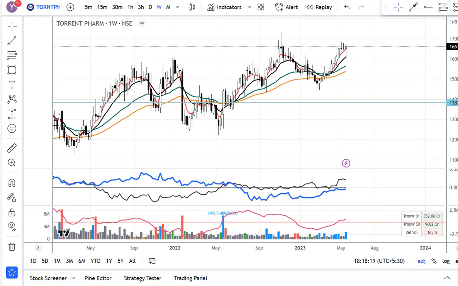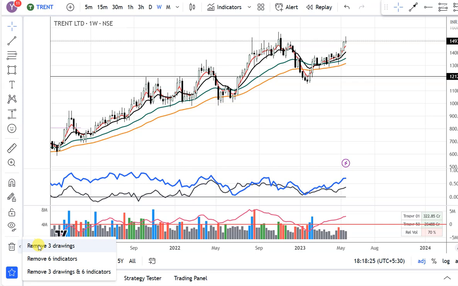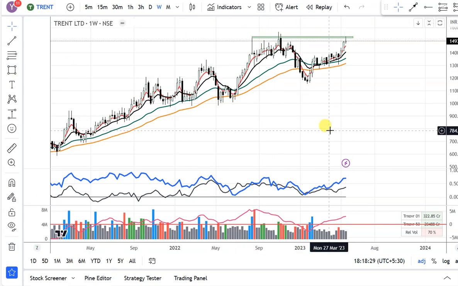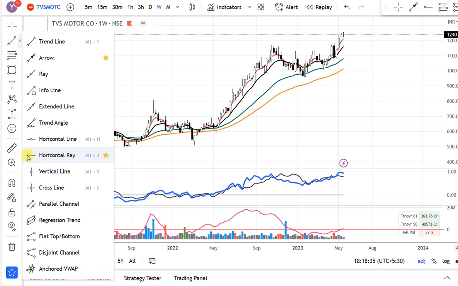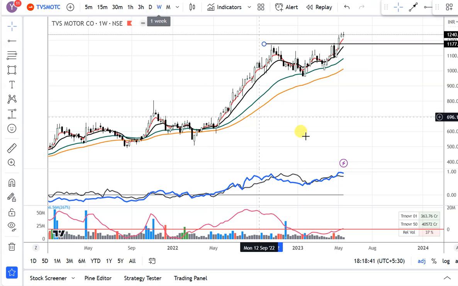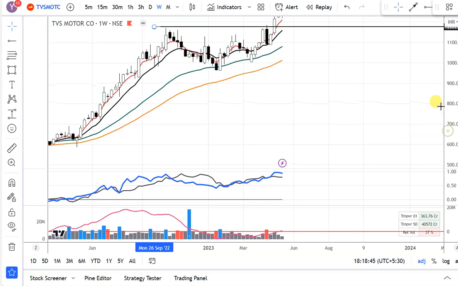TVS Motor, yes, it has given a wonderful breakout of this area. So let us go to the lower time frame and check if there is a possibility for us to see the strength. Yes, there is a possibility for us to take a strength trade. So here we will take a strength area and we will only risk small. So write it down: TVS Motor strength above 1260 and weakness below 1212 rupees.